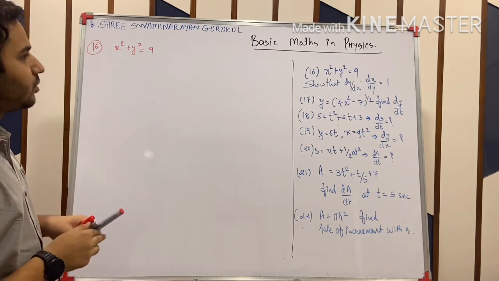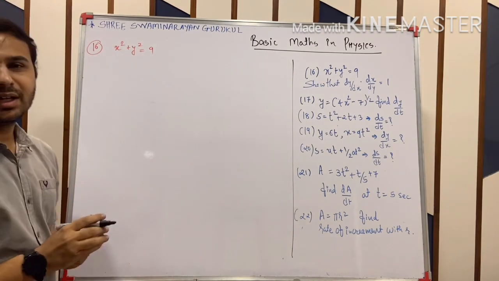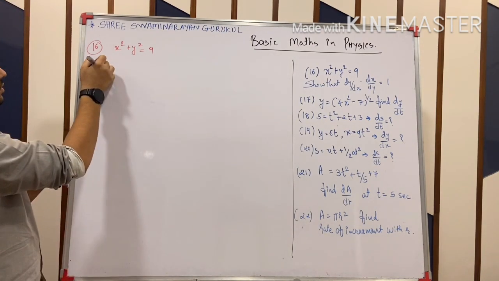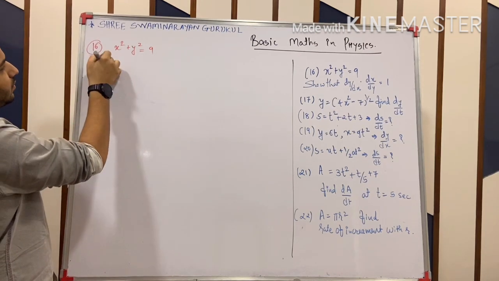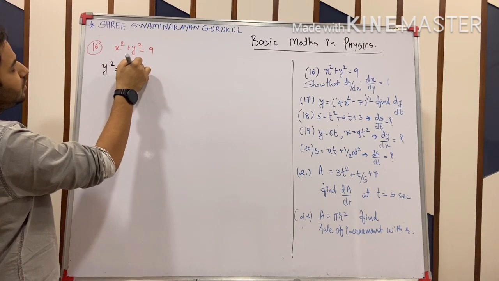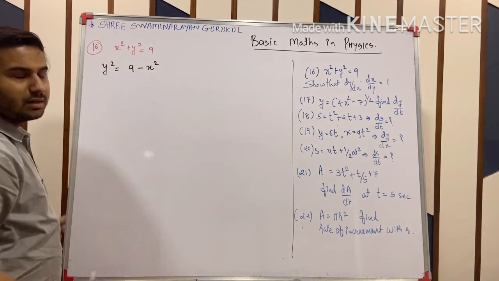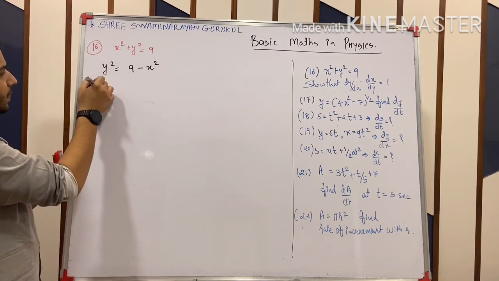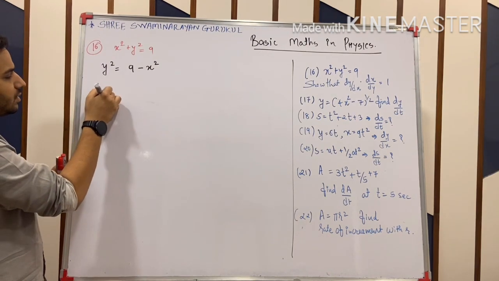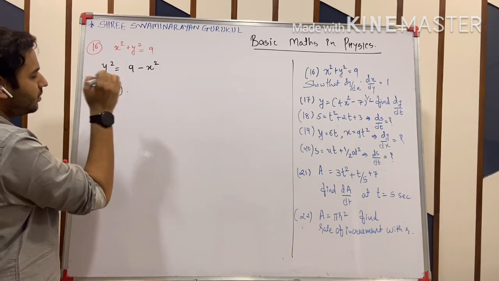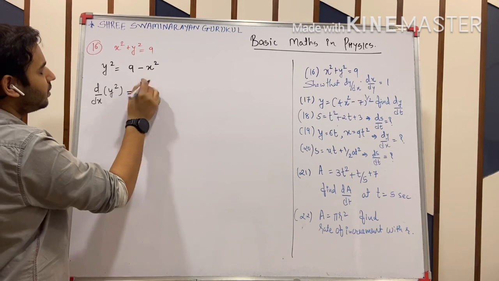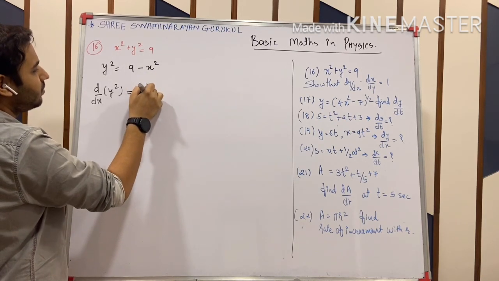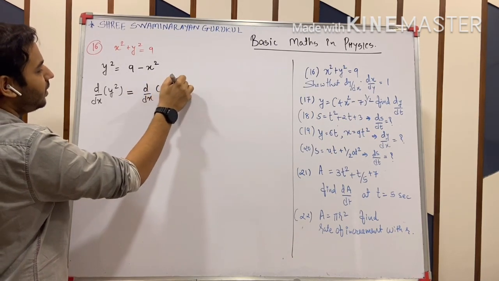Okay, so first of all I'll find dy by dx. This y square is equal to 9 minus x square. Understood? What is the differentiation of this? d by dx of y square is equal to d by dx of 9 minus x square.